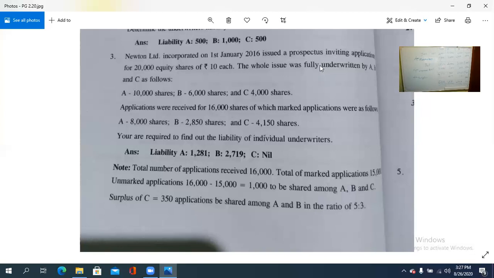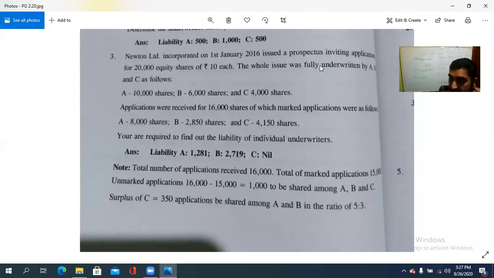You only need to know the formula, or the way in which it is done. The gross liability is to be given in the question and it is to be apportioned among the underwriters. Then less the marked application, then from the balance we need to less the unmarked application, and if there is a surplus, that is to be apportioned among the other underwriters.